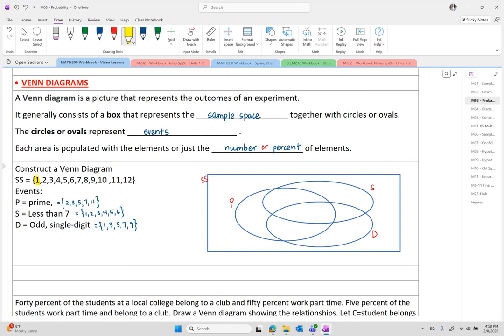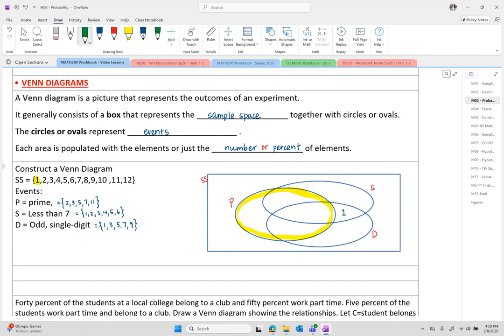So it has to be in S and D, but not in P. Now P is this circle or this bubble, and 1 cannot be in there, but it has to be in both S and D. So 1 gets placed in the little part of the intersection of the 2 bubbles S and D, but outside of the circle P.